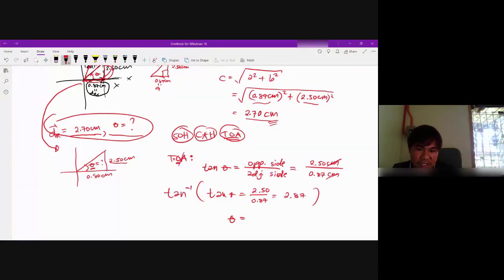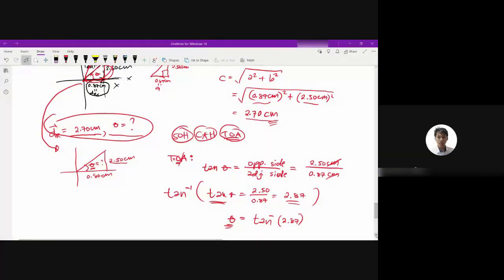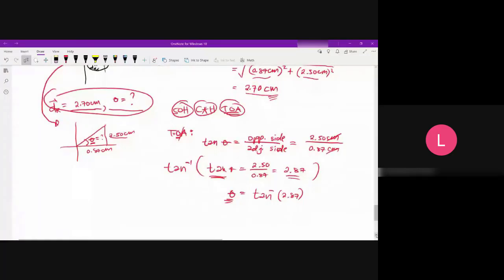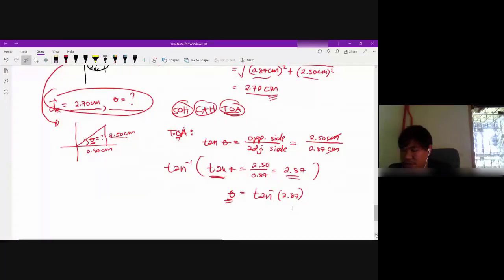Kung imo nang buhaton diri sa left hand side, buhaton pa nimo sa tuo, that would mean matanggal ang tangent na theta na lang mabilin sa wala. So ang sa tuo, you will have tangent inverse 2.87. So pila man na siya class? 70.81. 70.80.